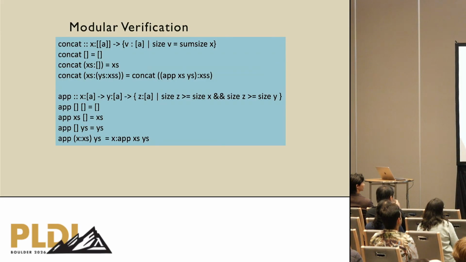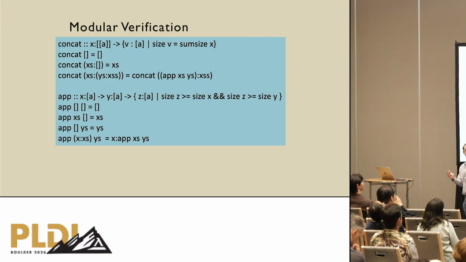Now this add 2 infer case is boring and simple and can be easily solved by inlining or something also, right? But I want to point out that this gets more complicated and more interesting with more complex functions, right? And you end up in cases where you need inductive proofs that can't just be done by inlining. So here I have a function concat. Concat has a specification that says the size of the input is equal to the sum size of the output.